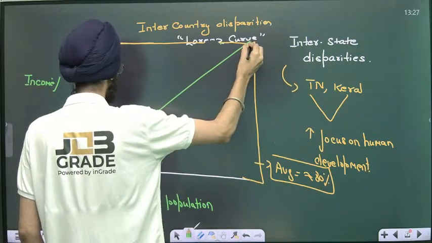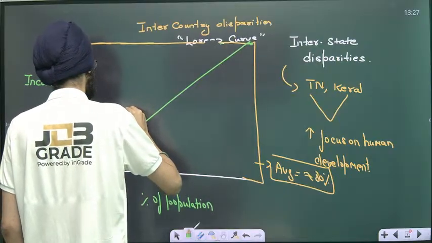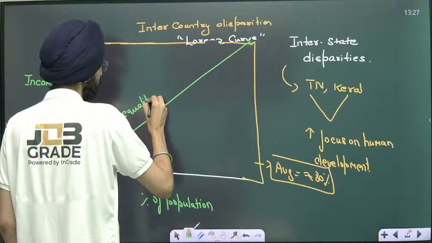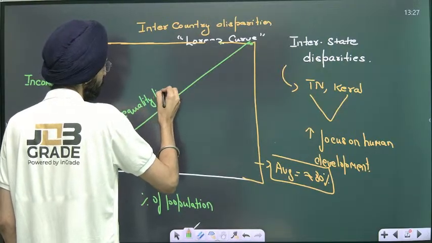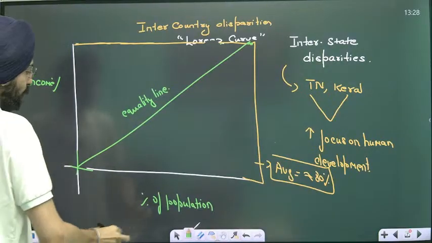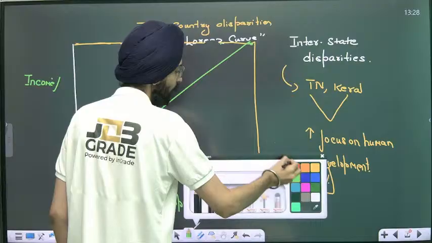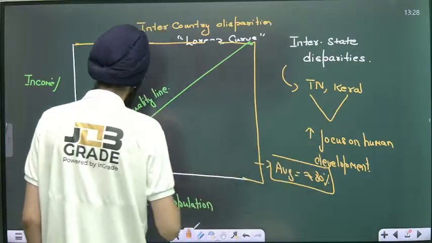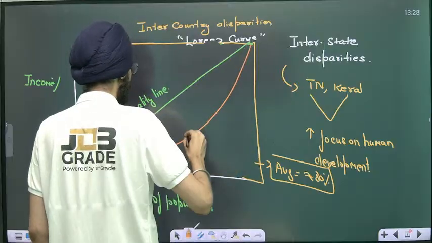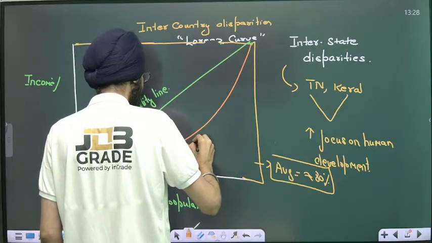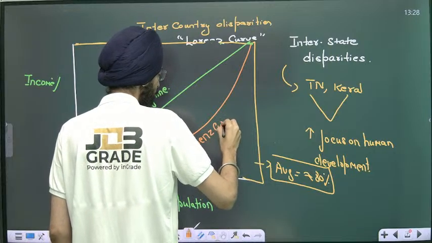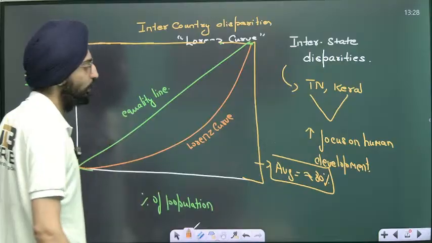Now consider this, I'm going to draw the Lorenz curve. This is called the Lorenz curve.